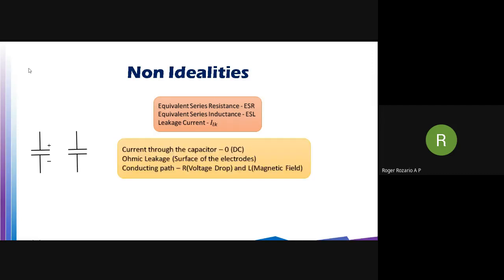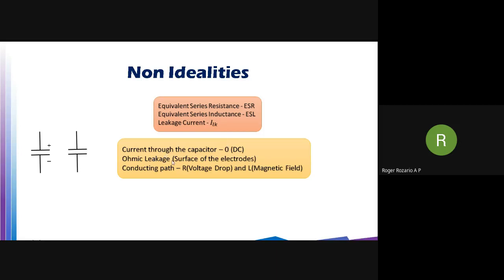So what is the leakage current? Let us take the leakage current first. Whenever current flows from the top terminal to the bottom terminal, because of the ohmic leakage, some amount of current will leak through the capacitor. When you apply a DC to a capacitor, the current through the capacitor will be 0.